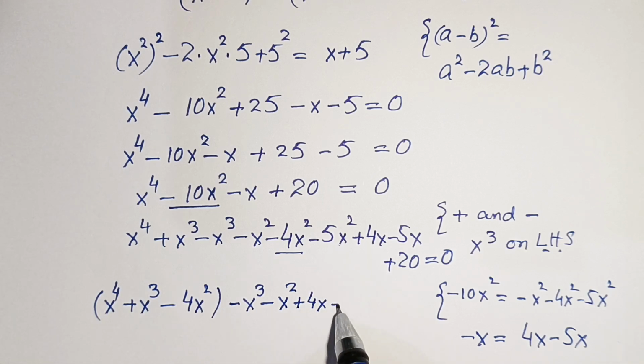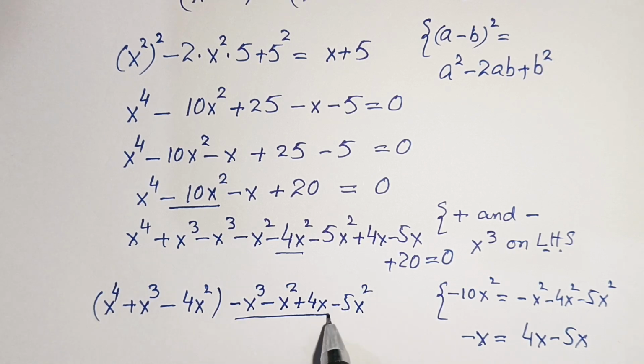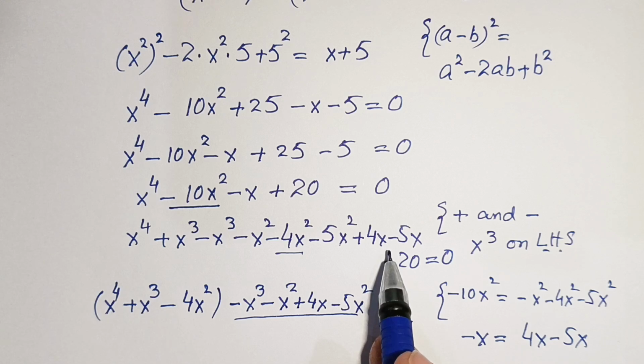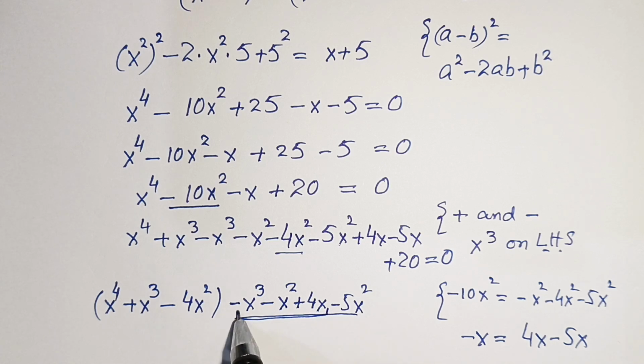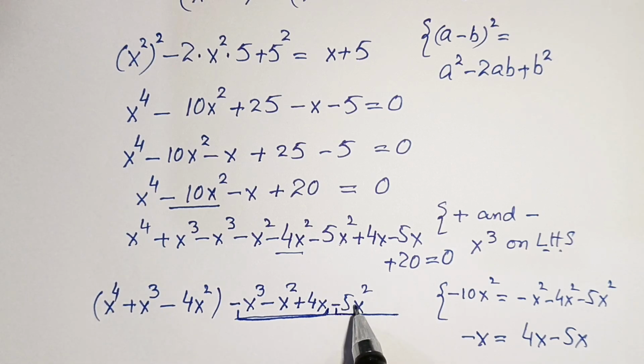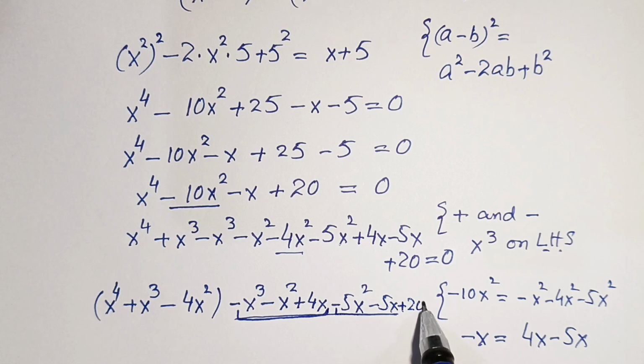That is our second group of 3 terms. And our third group is minus 5x squared, minus 5x, plus 20, which is equal to 0. It is our third group.